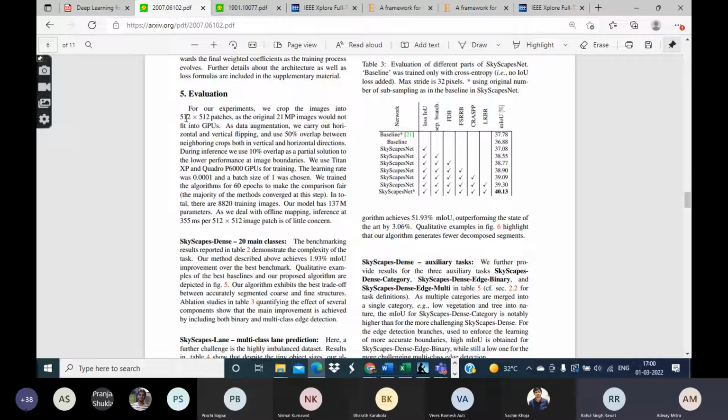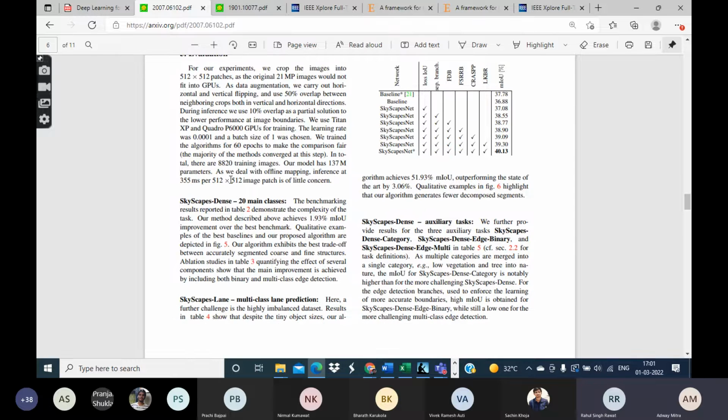So each of those images they crop into various patches of size 512 by 512, and pixel level annotations are possible. This way they get a sufficiently large number of images, some 8820 training images. I'd still say this number is small compared to the number of parameters, but there is a limit to how many images can be procured.